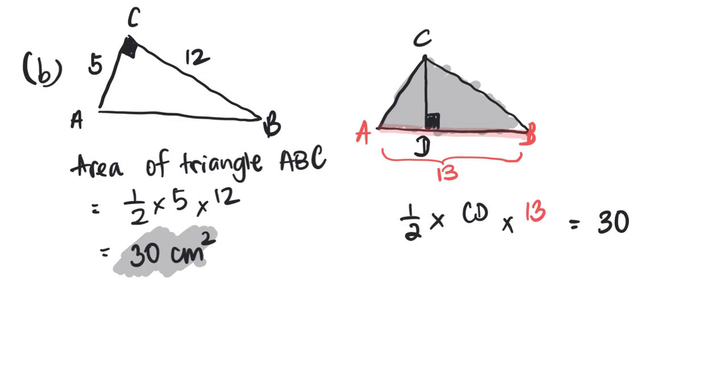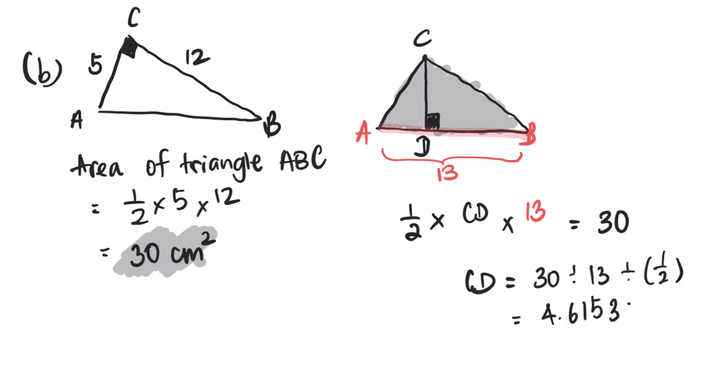And so I will be able to get the length of CD pretty straightforward. It is simply 30 divided by 13 divided by half to give me a value of 4.61538, to 3 significant figures.